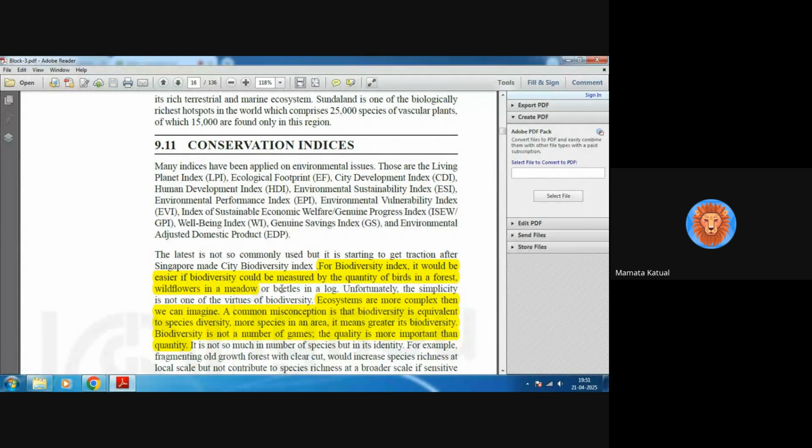So there are many indices, plural of index is indices. There are many indices: living plant index, ecological footprint index, city development, human development, environmental sustainability index, like this.